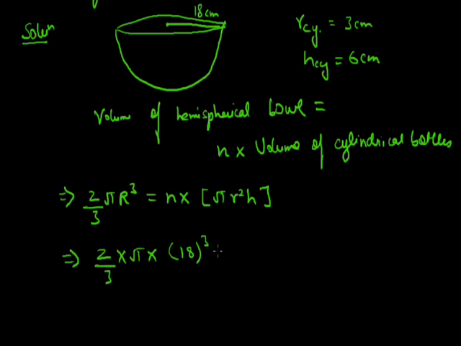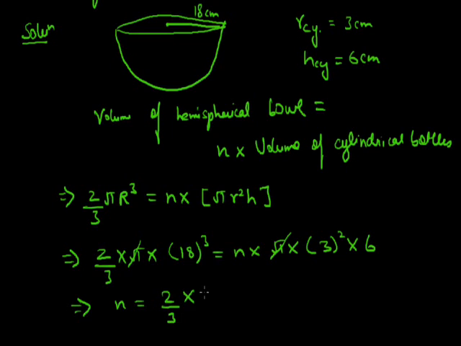So 18 cube is equal to n into pi into small r square, where small r is the radius of the cylinder, which is 3, so 3 square, into h, which is 6. Now pi will get cancelled, so n will be equal to 2 by 3 into 18 into 18 into 18 divided by 3 into 3 into 6.